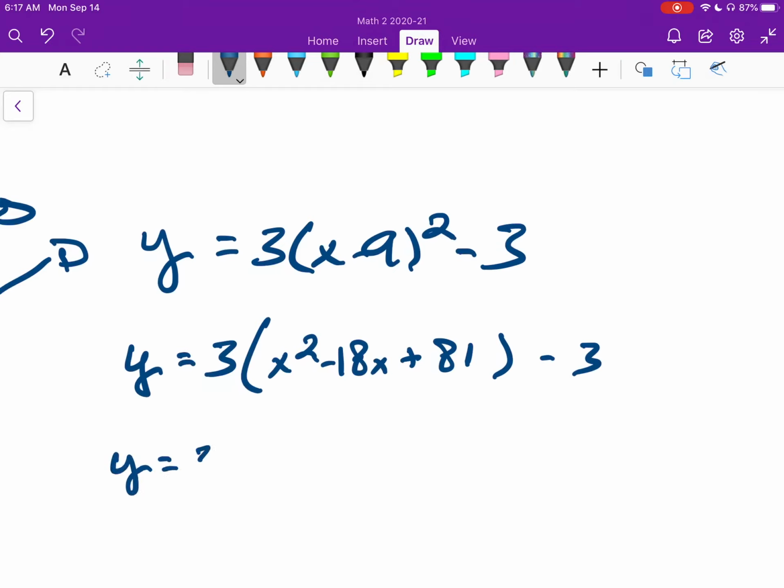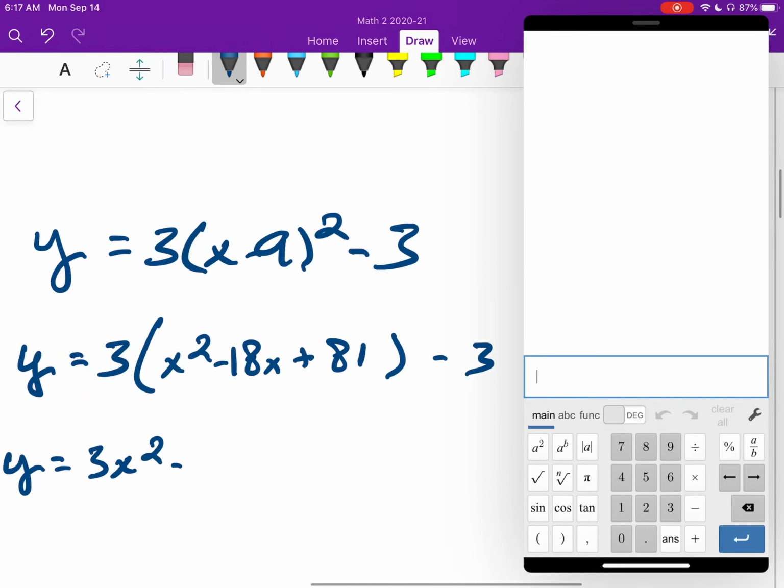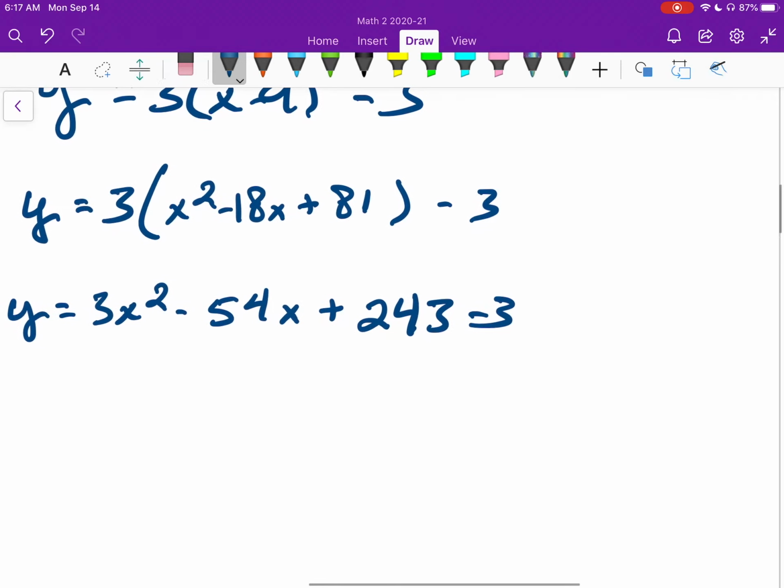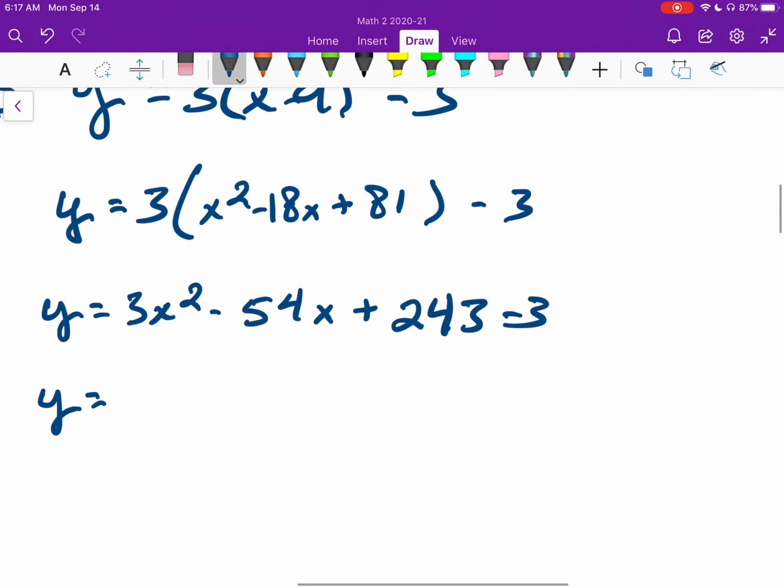So y equals 3x squared minus 18 times 3, 54x, plus 81 times 3, 243, and then minus 3. So we get y equals 3x squared minus 54x plus 240.